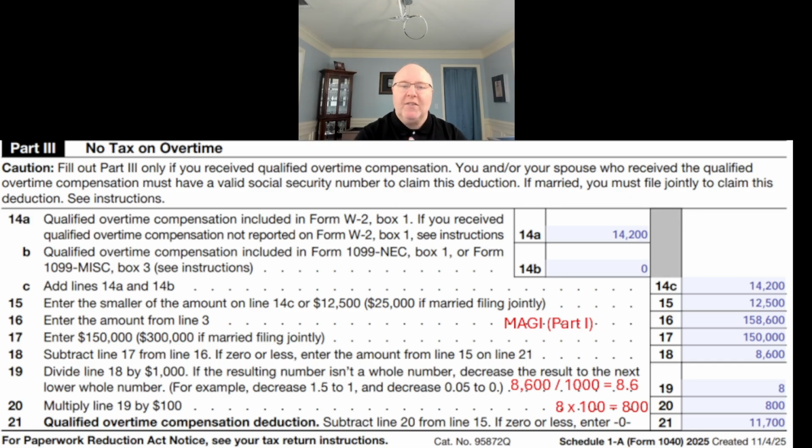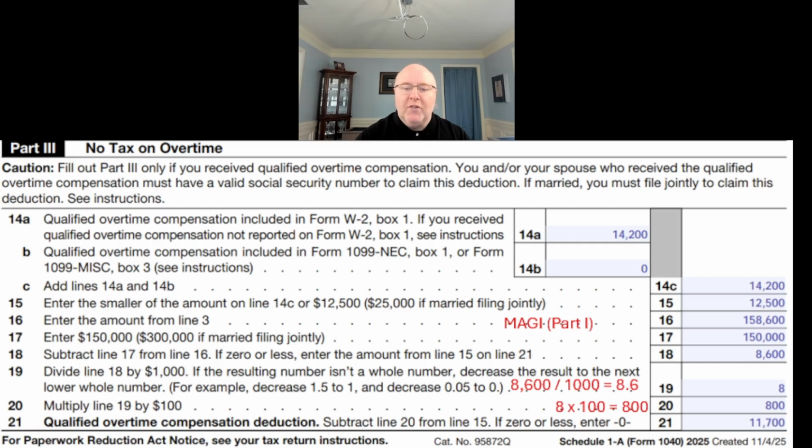That means that we're $8,600 over the phase out threshold, right? So what we're going to do now is just like we did with tip income, we're going to take that $8,600 and divide it by increments of $1,000. The reason we're doing it by $1,000 is because we're going to have a phase out of $100 for every $1,000 that you're over the amount, the $150,000 threshold amount.